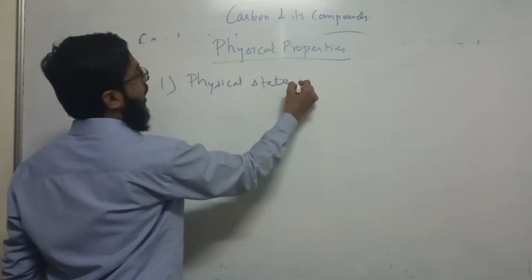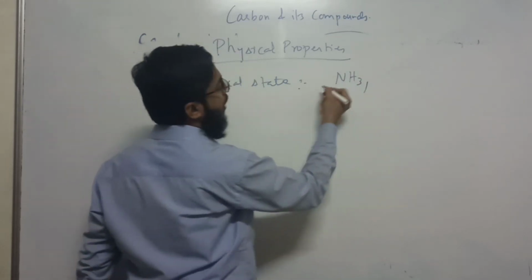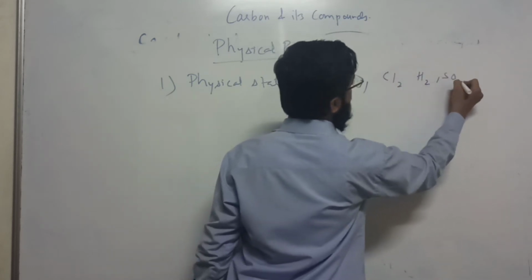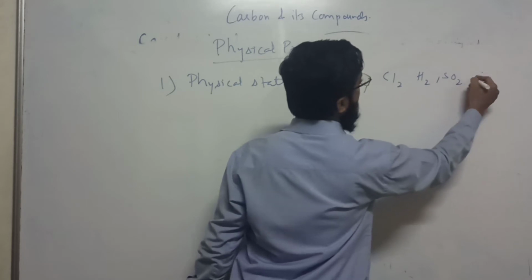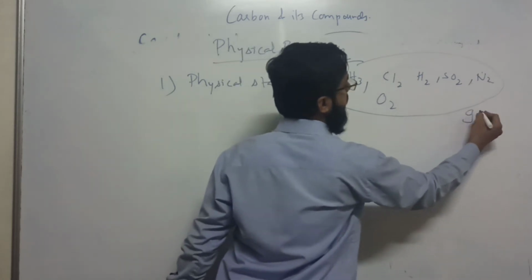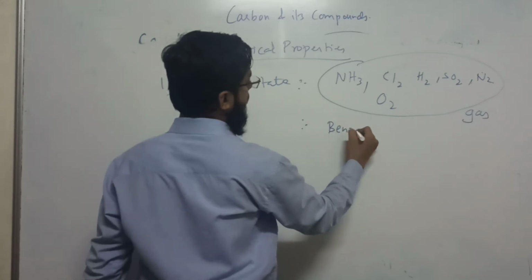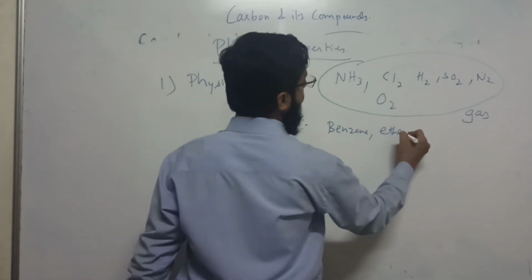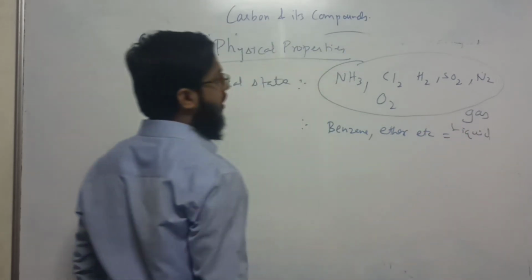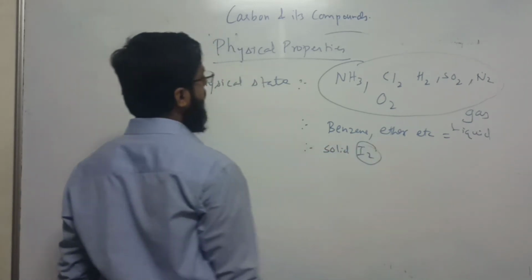Covalent compounds like ammonia, chlorine gas, hydrogen gas, sulfur dioxide gas, nitrogen gas, oxygen gas are all gases. Some are liquid, like benzene, ether, etc. And some are solid, like iodine. So you can remember this.